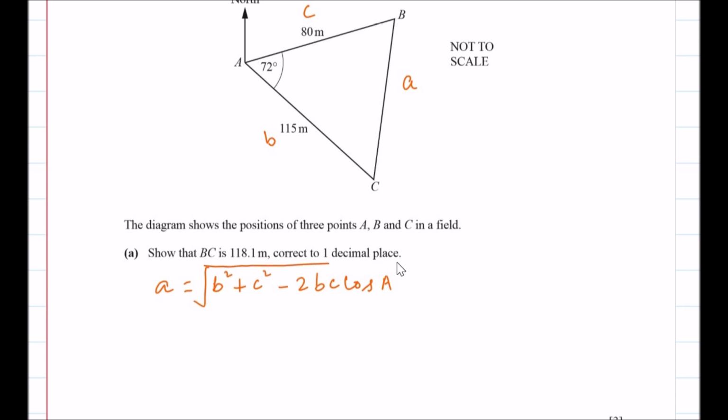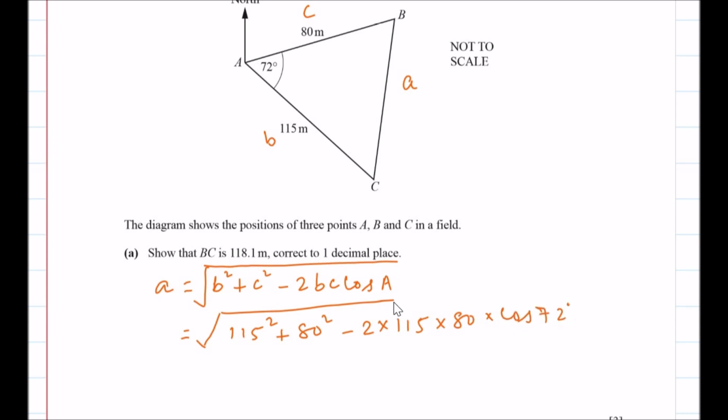Let's put the values. B square, so 115 square plus 80 square minus 2 into 115 into 80 into cos of 72 degree.